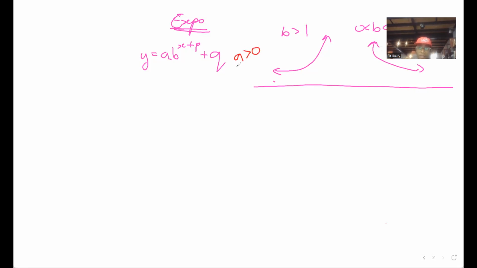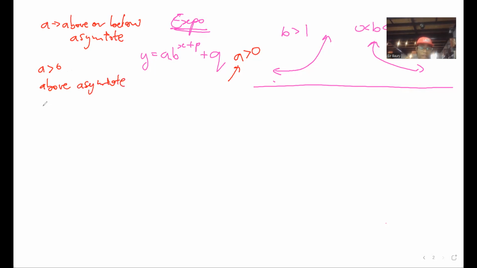What a tells us is whether the graph is above or below the asymptote. If a is greater than 0, the graph is above the asymptote.